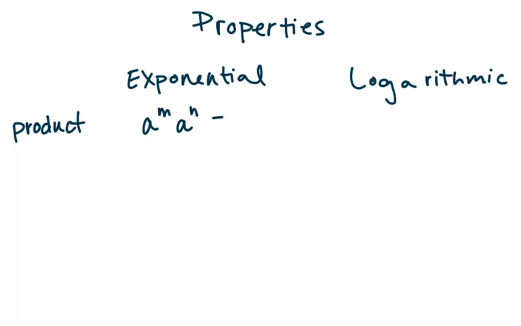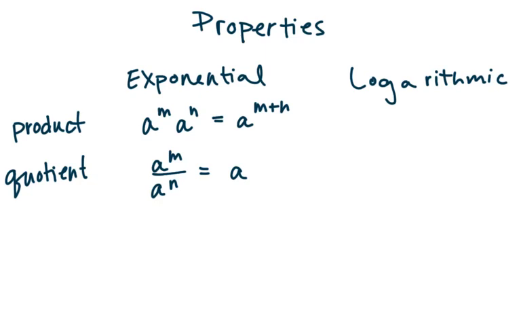If I'm multiplying same bases, I would add those exponents. My quotient rule: if I'm dividing same bases, I'm going to subtract those exponents. And my power rule: if I have a power raised to another power, that would be the same as multiplying the exponents.